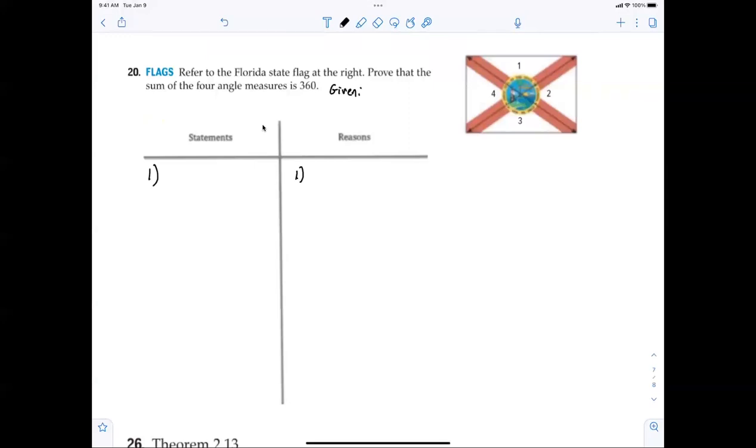What's true about angles 1 and 2? Angles 1 and 2 form a what? Linear pair. And what's true about angles 3 and 4? They also form a linear pair. Yeah, let's just write that down. Everybody good with this? Angles 1 and 2 and 3 and 4 form a linear pair.